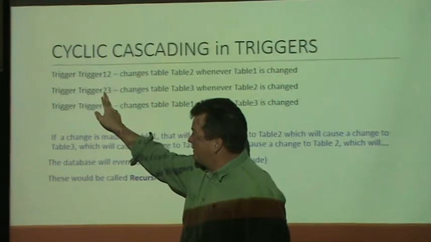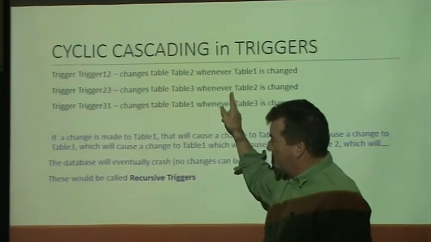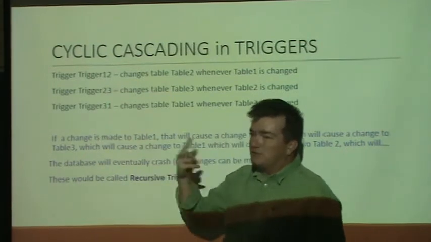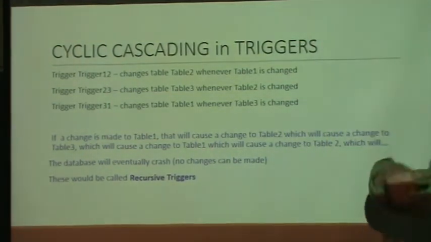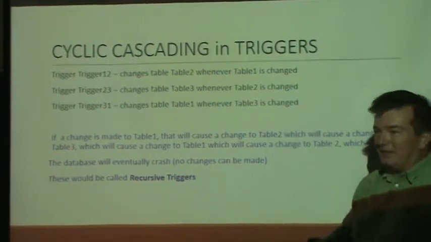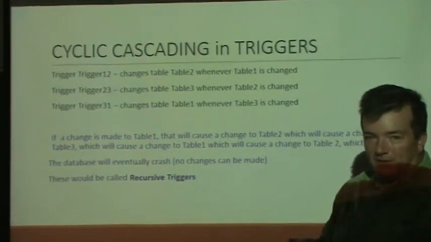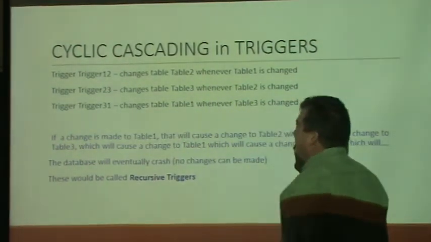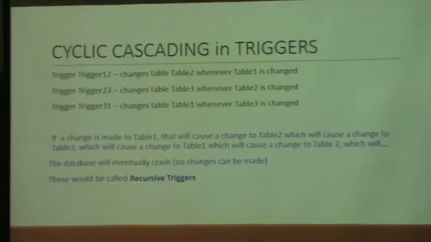A change to table 2 triggers a change to table 3. And suppose you had another trigger that every time table 3 changes, you change table 1. What would happen if anyone updated any one of these tables? They would just keep updating themselves. They would go into an infinite loop, right? So we never want to have a cyclic cascade in triggers.